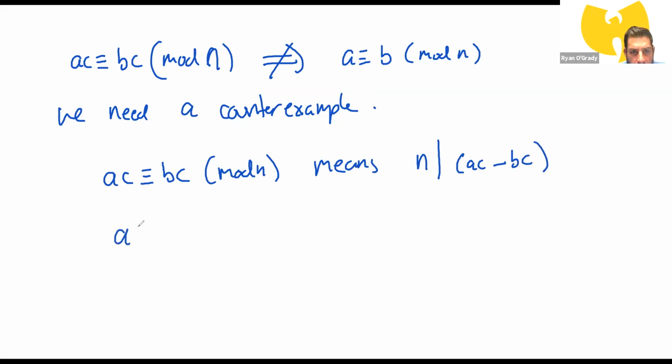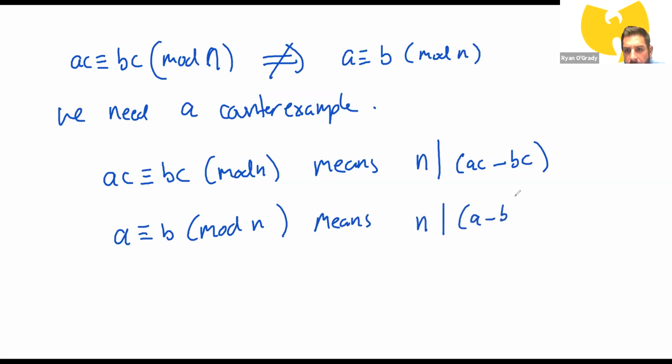And what does A congruent to B mod n mean? That means n divides A minus B. So what you need to do is find three numbers, A, B, and C, so that this is true, but this is false. So maybe you can ponder that for a while. Does anybody have a question, comment?